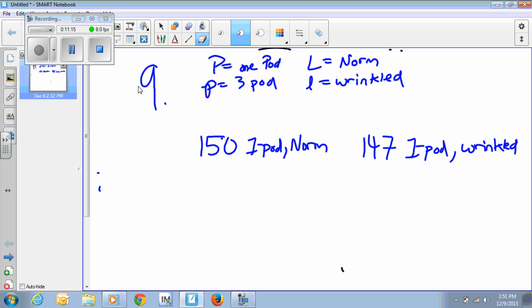Then we have 51, 3 pod normal. And we have 48, 3 pod wrinkle.